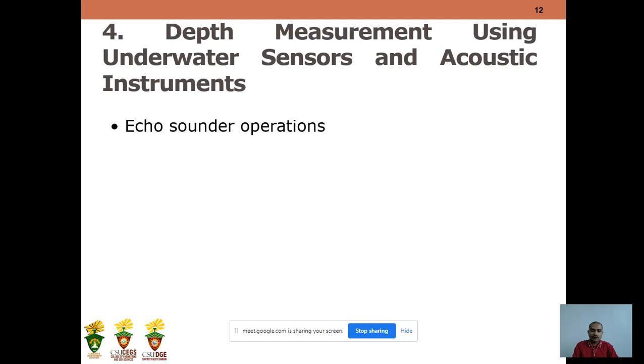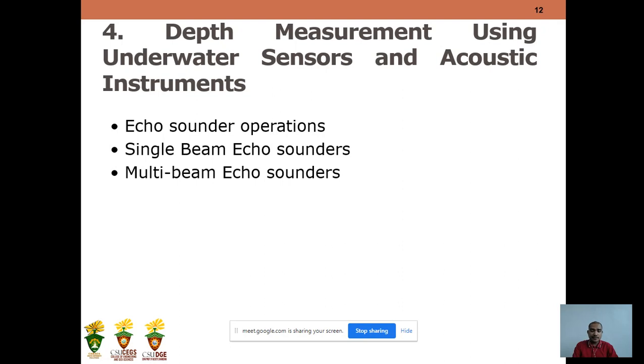So ito na siyang i-discuss during this part. And in echo sounder, there are 2 types, the single beam echo sounders and the multi-beam echo sounders. So ito nang i-discuss diri na topic sa topic 4.